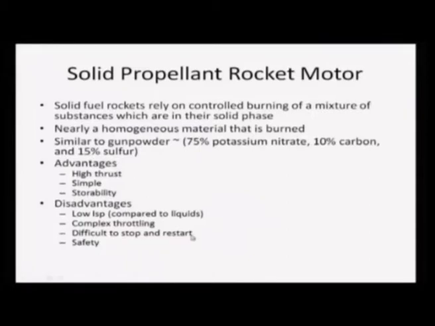The third difficulty is that it is very difficult to stop and restart. Since it is a solid propellant and you do not have any inhibitor in between, once it starts to burn, it is almost impossible to stop the burning.